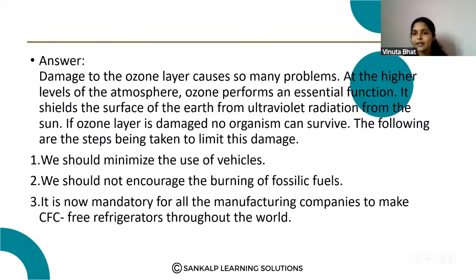If the ozone layer is damaged, it may cause diseases like skin cancer in human beings, and it also affects the plants. Because of this reason, the ozone layer is very important, which protects all the organisms from the UV radiation released by the sun.